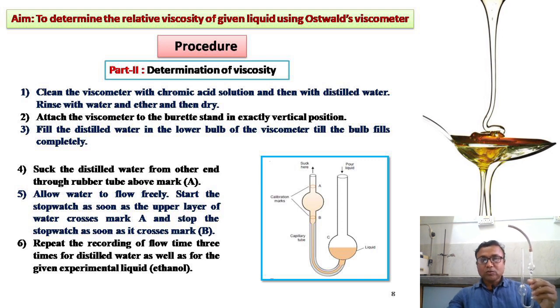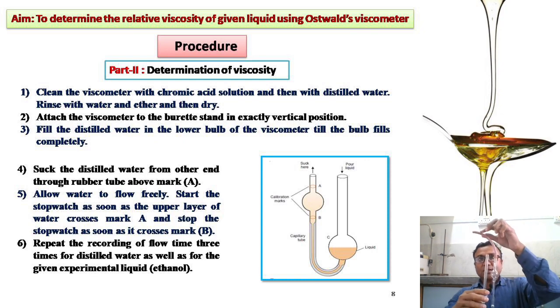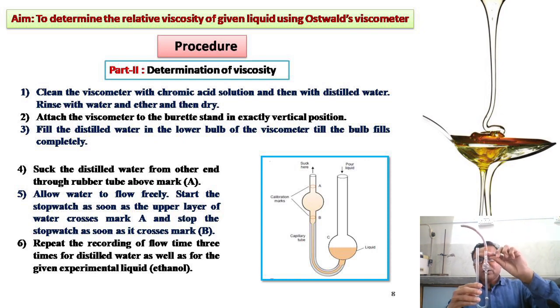Then allow the water to flow freely. Start the stopwatch as soon as the upper layer of the water crosses mark A, and stop the stopwatch as soon as it crosses mark B. When you suck the distilled water, it moves freely, and when the lower meniscus reaches the upper mark A, just start the stopwatch.